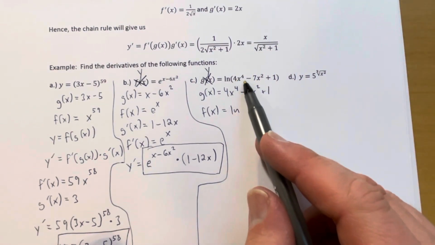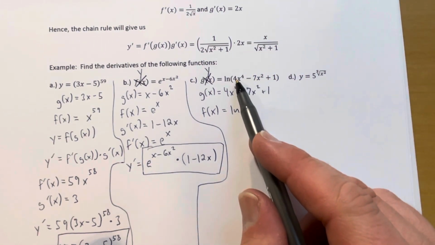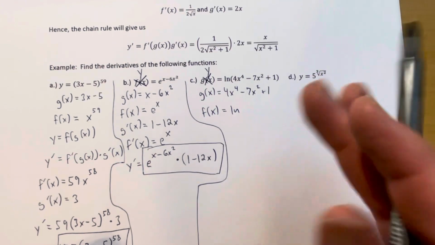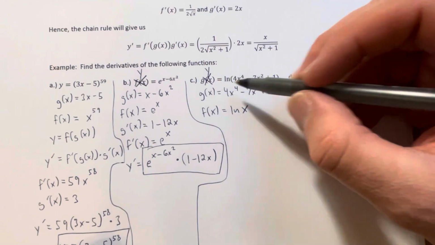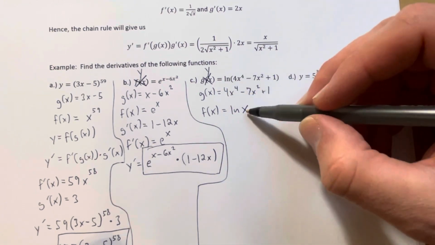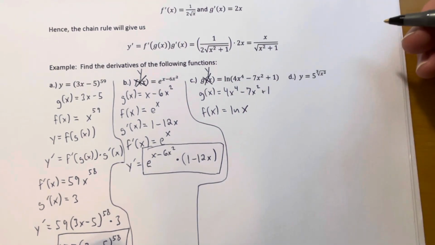And again, remember, wherever we chose g of x, that is going to be replaced with just an x here for my f. That way, when I find f of g of x, this gets plugged in for the x, and I get this original function back.